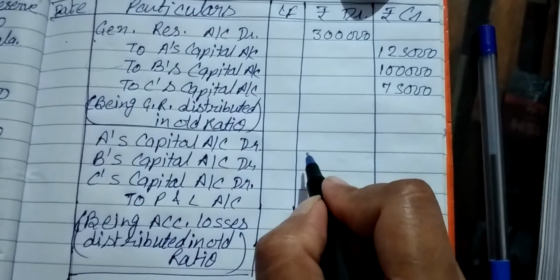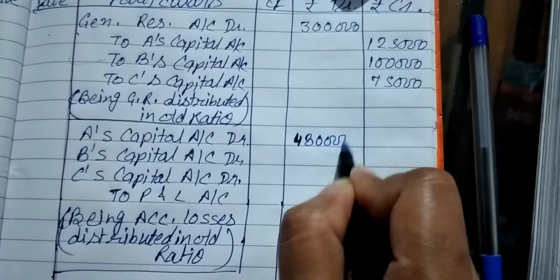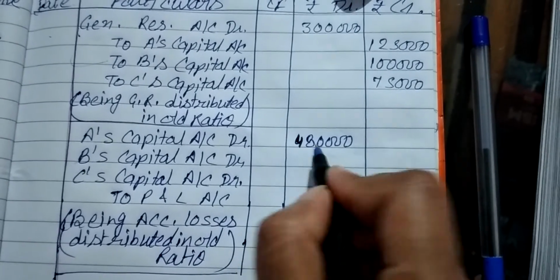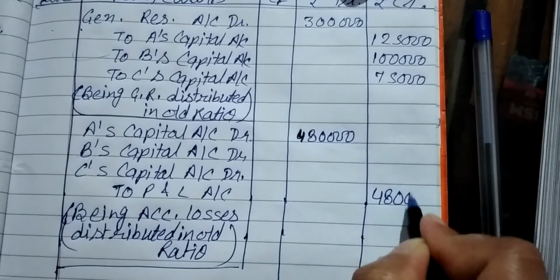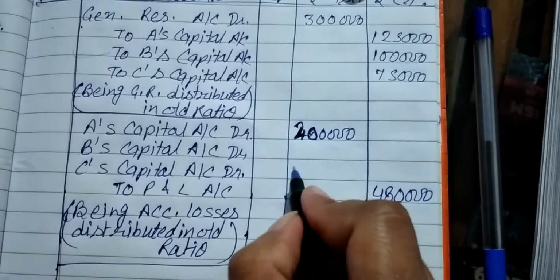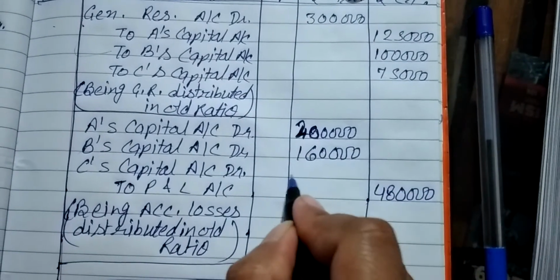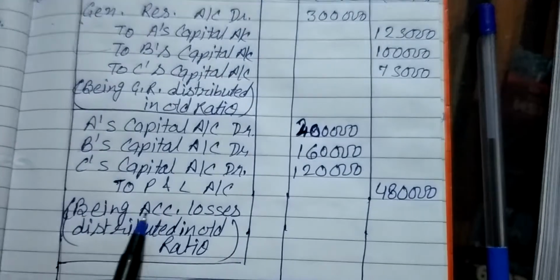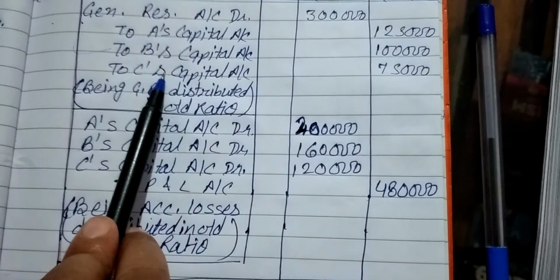The amount of profit and loss is 4,80,000. A's capital is 2 lakh, B's capital is 1,60,000 and C's capital is 1,20,000. That is the distribution of accumulated loss and that is the distribution of accumulated profit.